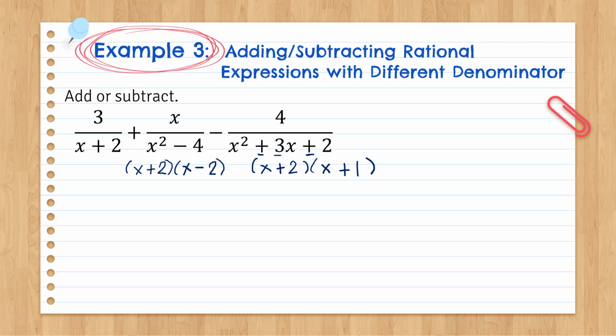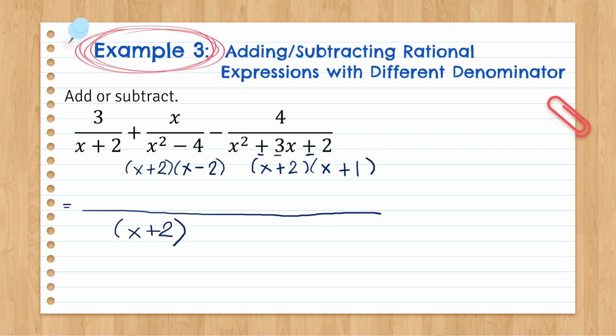So let us have our LCD. In having the LCD, we simply copy the factors, but take note of the common factor, since we are going to skip them. So for our first fraction, we have x plus 2.